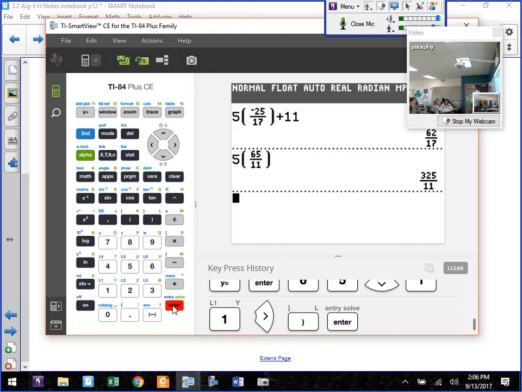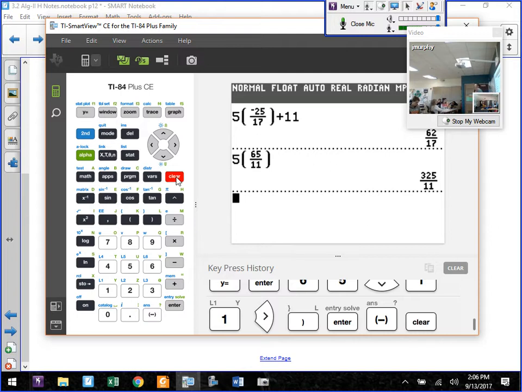And that gives me another fraction. Now, there's a button on the calculator that you guys are going to learn to love a lot. It's the answer button. You know what that is? Down underneath where it says the negative button.